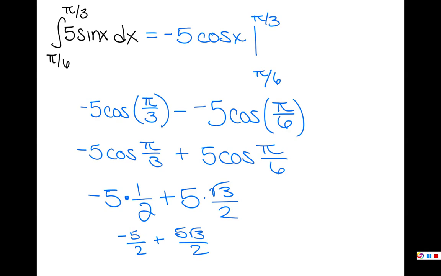Cosine of pi over 3, that's my 60-degree angle, so that would be 1/2. So negative 5 times 1/2. And then we've got plus 5 cosine pi over 6. That's the 30-degree angle, so plus 5 times root 3 over 2. I'm going to just leave my answer as negative 5 over 2 plus 5 root 3 over 2.